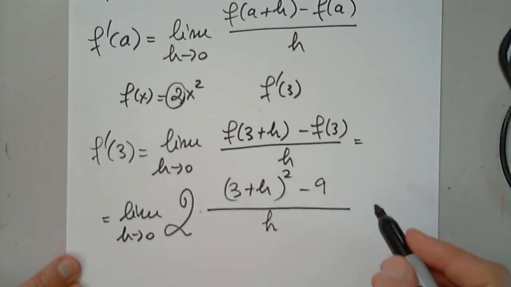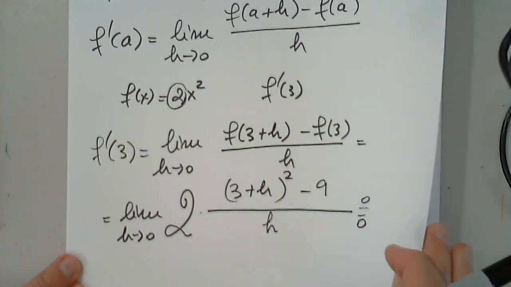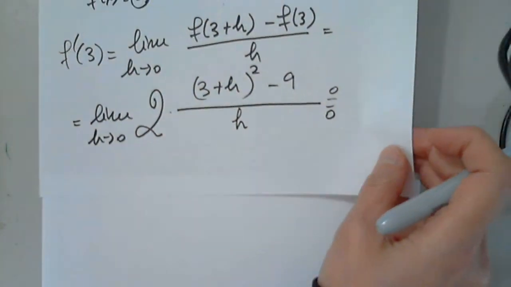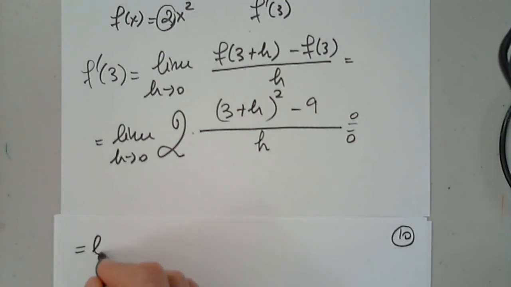Okay, so I have 0 over 0, right? So there is hope. Of course, this function is differentiable. All I have to do is just calculate this, and I'm done. So this is the limit as h approaches 0.